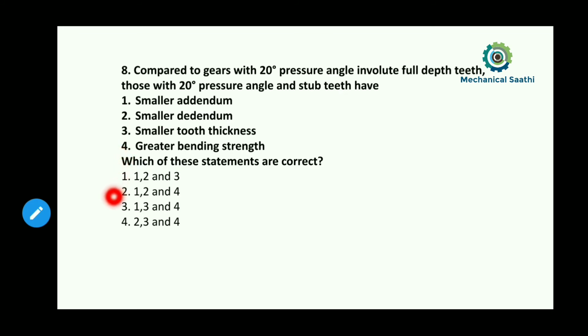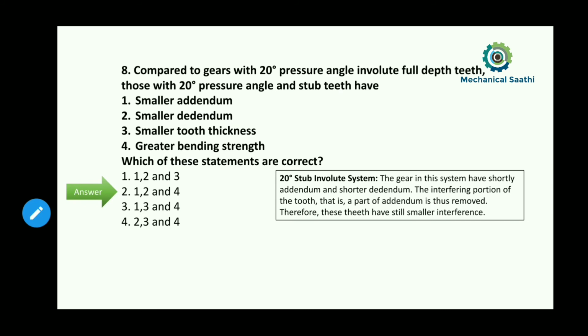So we can match with option number 2, which will be the correct answer for this question, question number 8. So we can read some statements over here to clear some of the concepts.